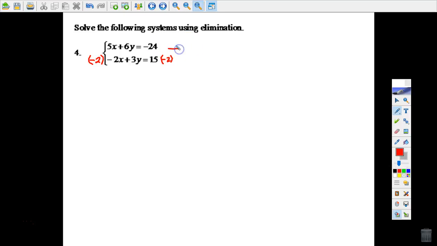So nothing is happening to the top equation. I'm just going to rewrite it. But the bottom equation, after being multiplied by negative 2, becomes positive 4x minus 6y, and that equals negative 30.